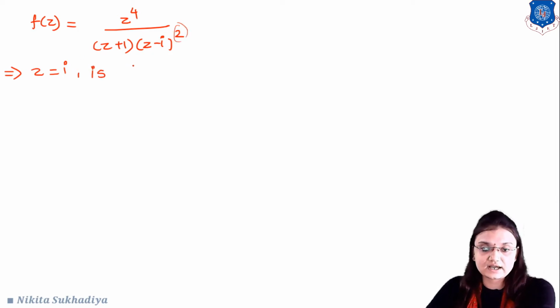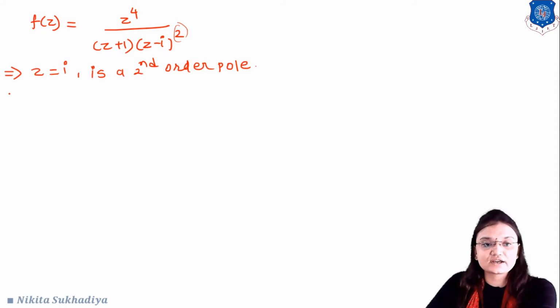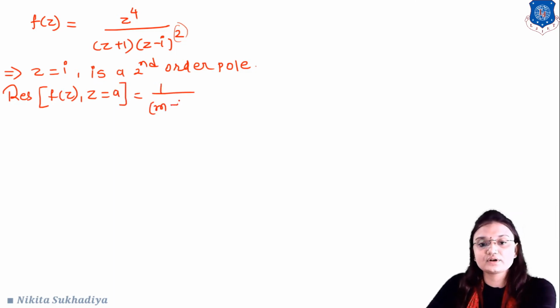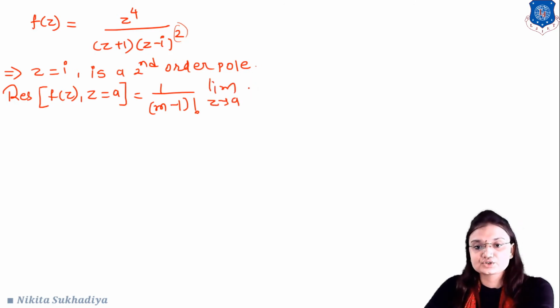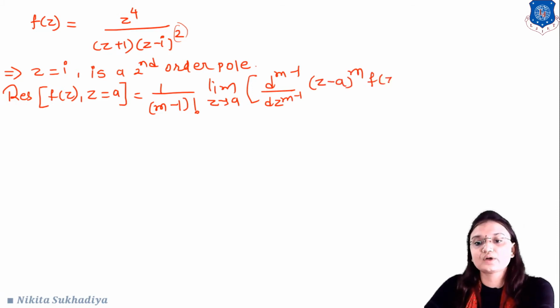So the residue for an order m pole at z is equal to a is 1 upon (m minus 1) factorial, limit as z tends to a of d raised to m minus 1 by dz raised to m minus 1, of (z minus a) raised to m into f of z.